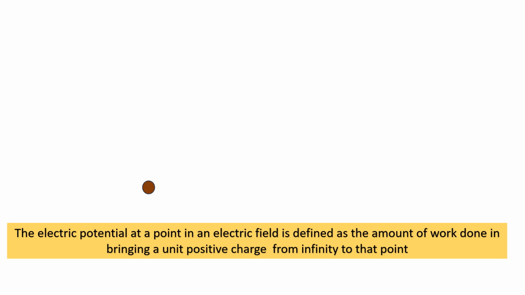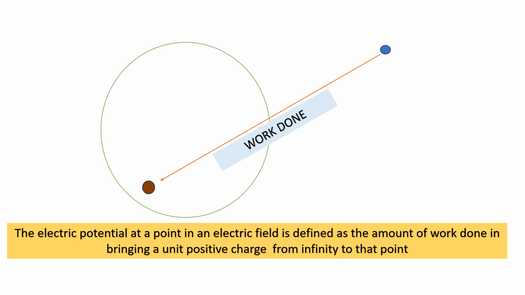Now, the electric potential at a point in an electric field is defined as the amount of work done in bringing a unit positive charge from infinity to that point. So this is the point. We are determining the electric potential of this point.